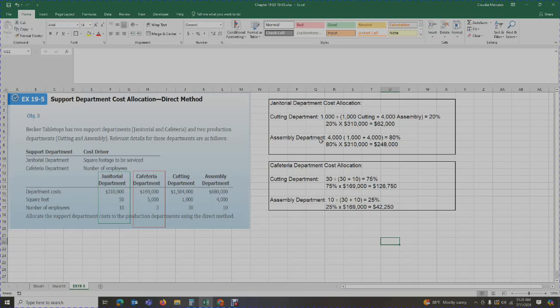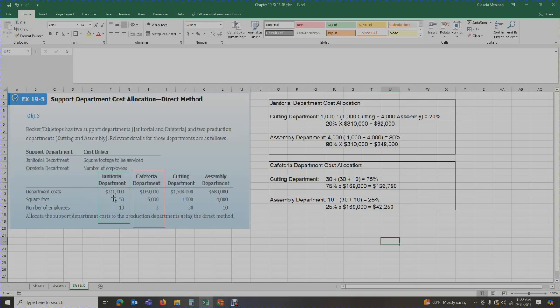On the top, for the janitorial department, the cost driver is the square footage. We figured out that the cutting department has 20% of the square footage that is cleaned by the janitorial department, while the assembly department has 80%. Once we figure out the percentages, we simply multiply the percentages by the department cost for the janitorial department, and that will give us the allocation for each.